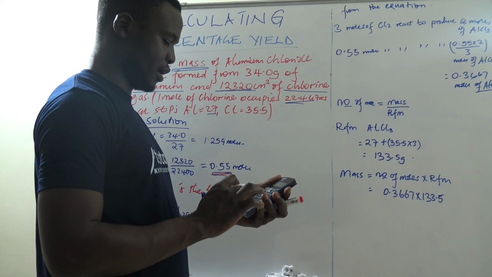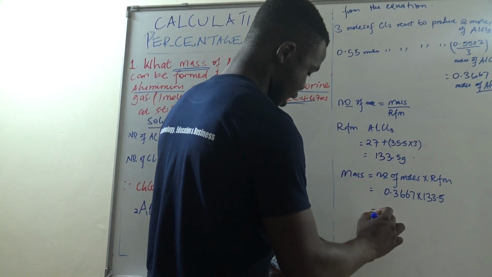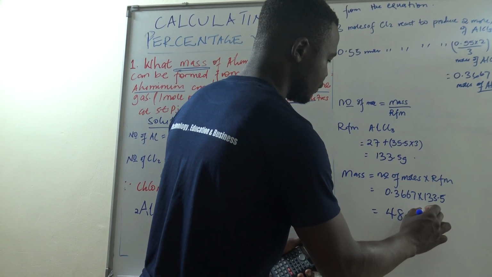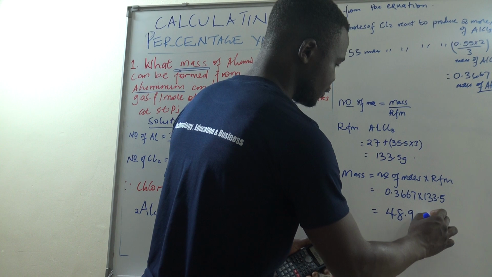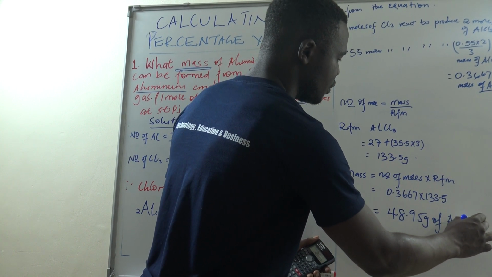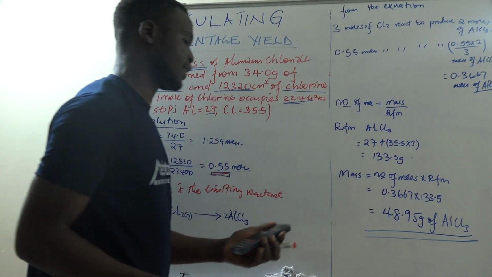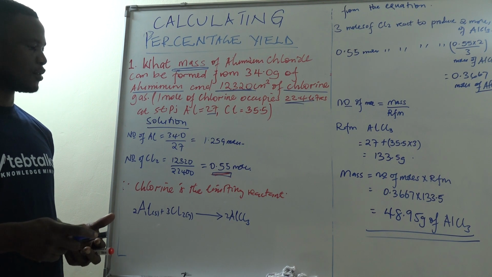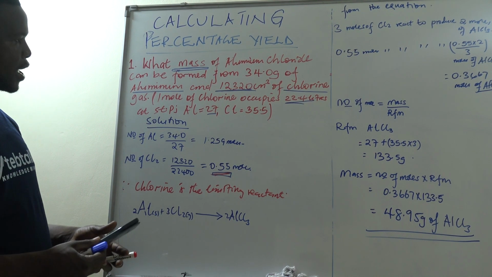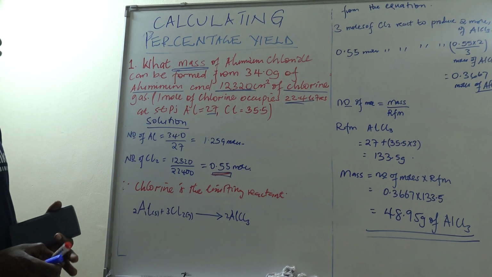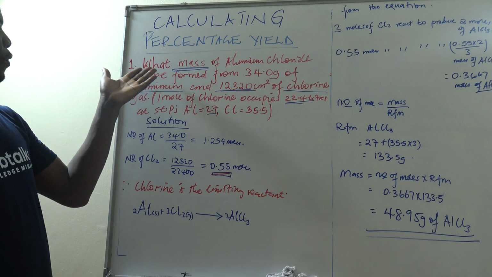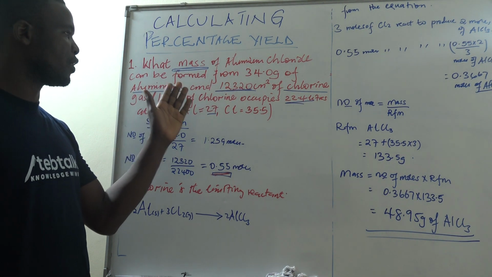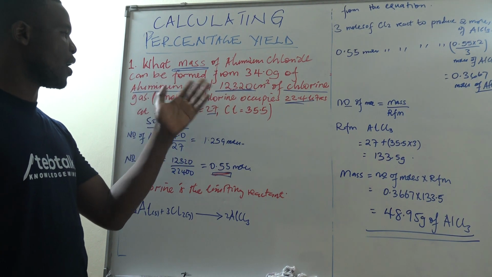When we multiply, we realize that our mass is 48.95 grams of aluminium chloride. So that is the mass of aluminium chloride that is produced.